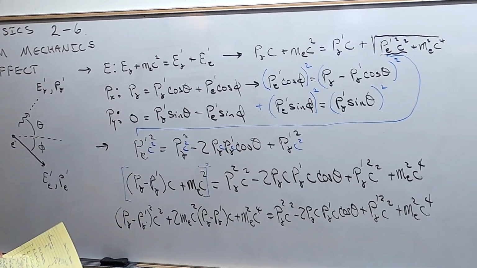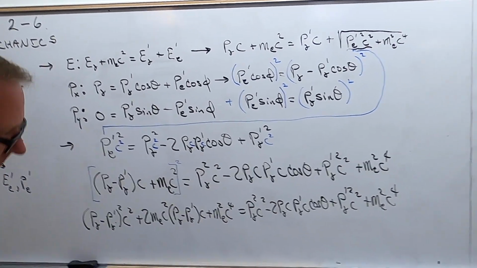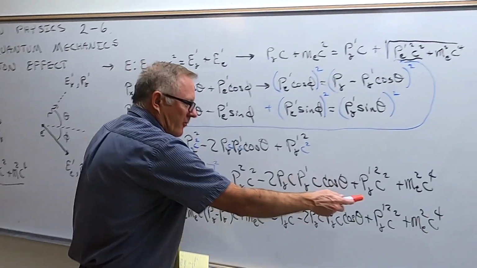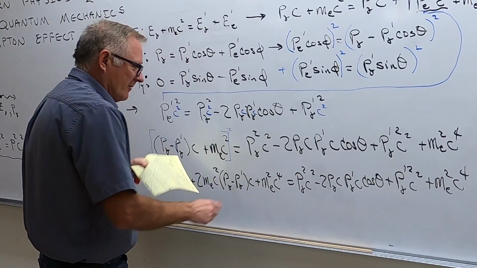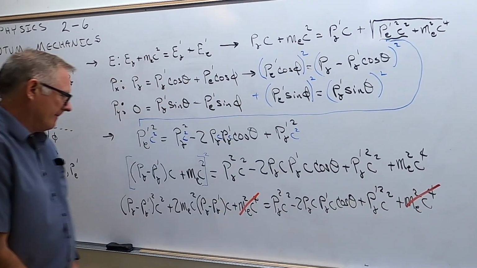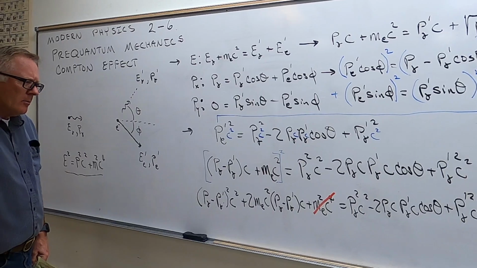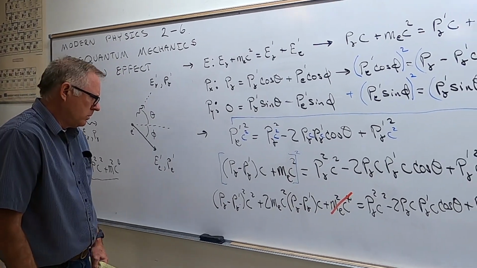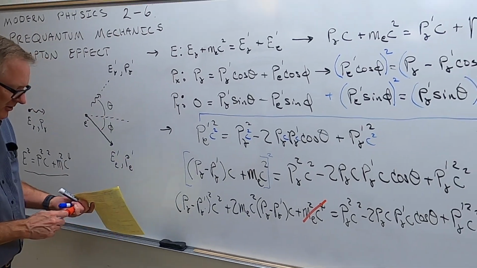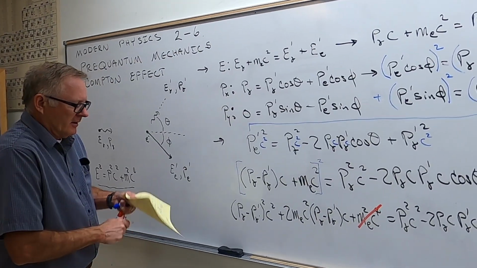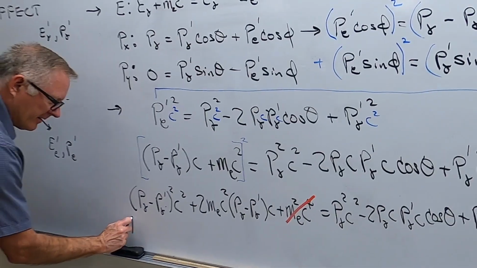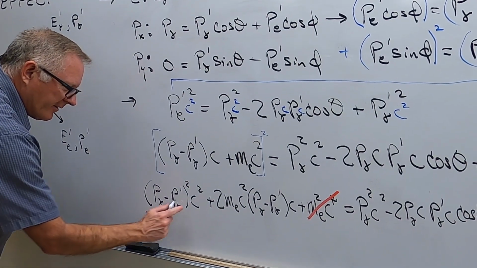Okay, so hopefully I can cancel some terms now. I have an M squared C to the fourth on both sides, so I'm going to cancel those two out. This cancels with that. When I multiply all this out right here, the very first term is P gamma squared C squared.